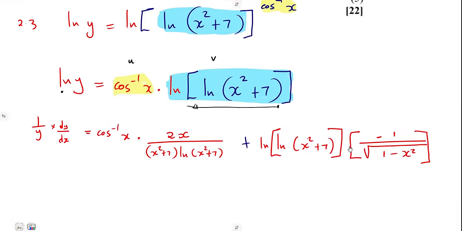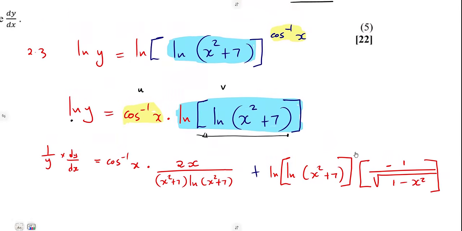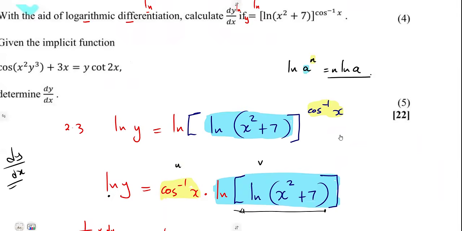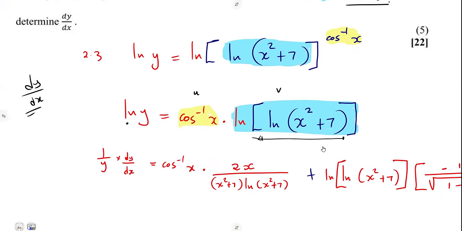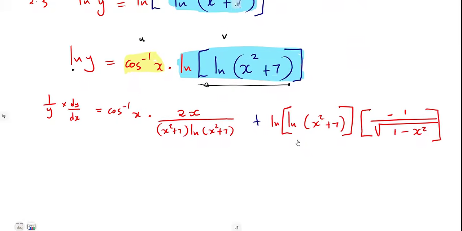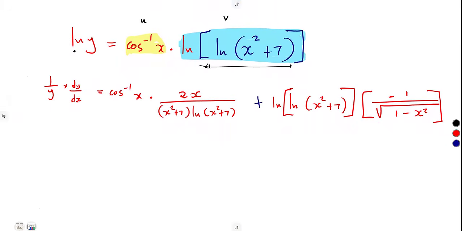Where simplification is required, we must consider it because this is logarithmic and not part of what we had before. As we simplify, let's also take y to the other side, remember we need dy dx. So we multiply by y here, and by y again on this side, so this can cancel.